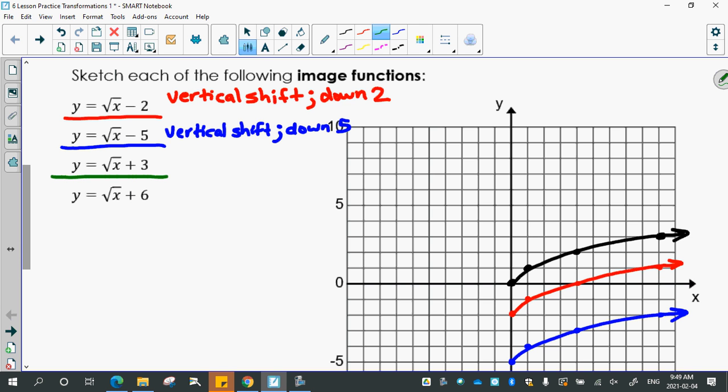And then y equals the square root of x plus 3. It's going to start 3 up from 0. Still have the exact same shape. And that one's a vertical shift up 3.